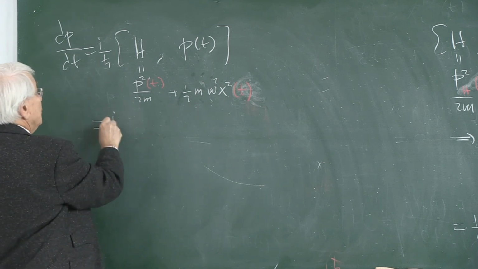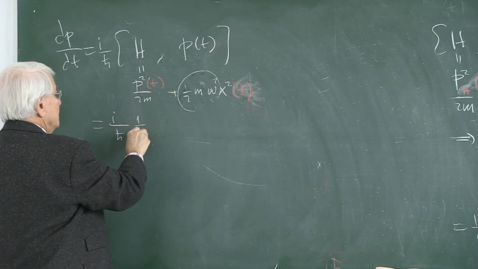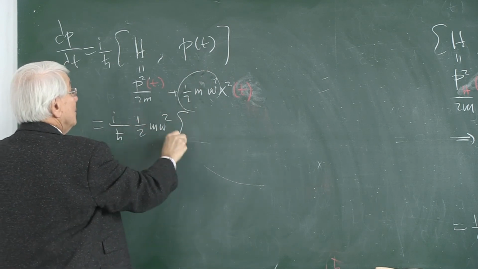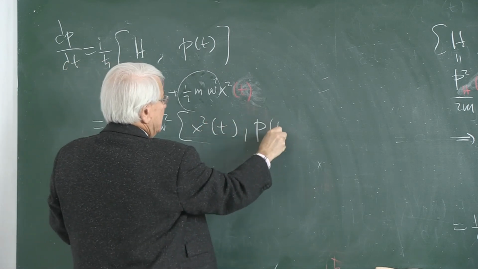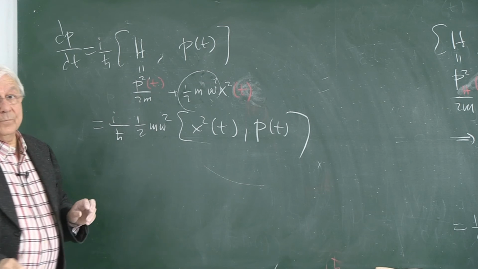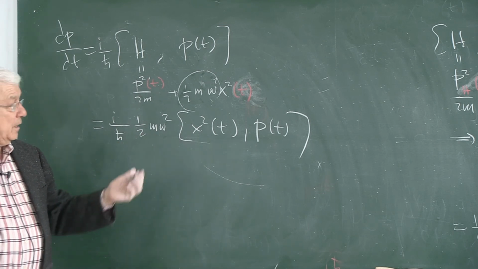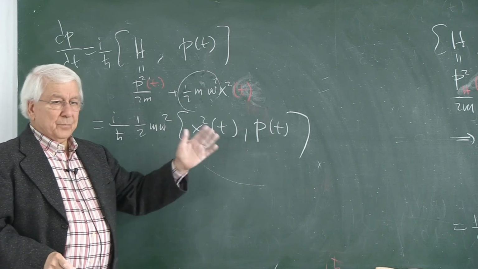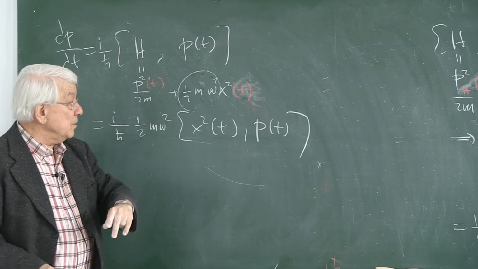So i over h bar, move this constant out, the commutator of x squared(t) with p(t). Being at equal time, I can use the algebra: x times the commutator of x with p, plus the commutator of x with p times x to the right.